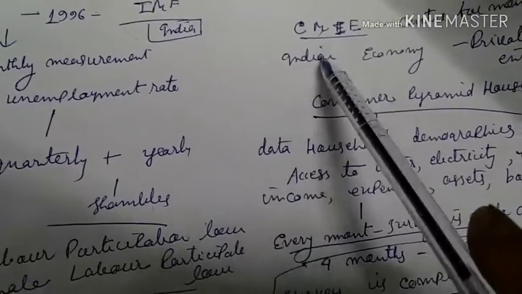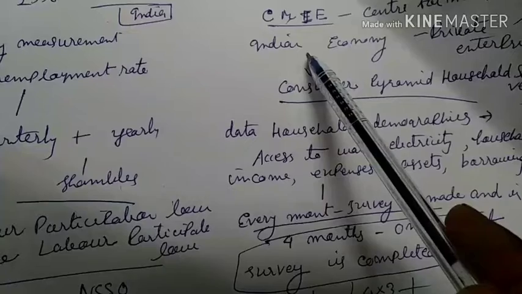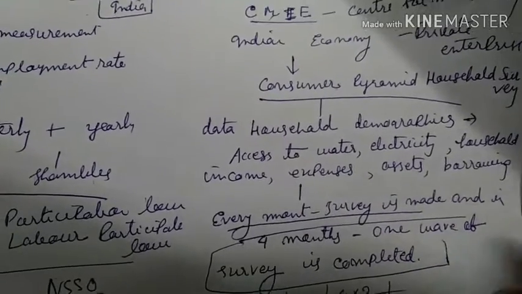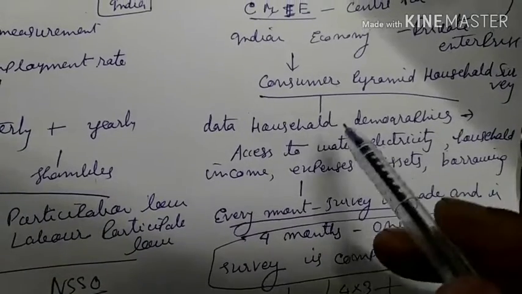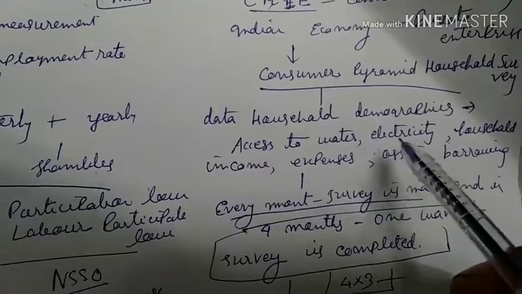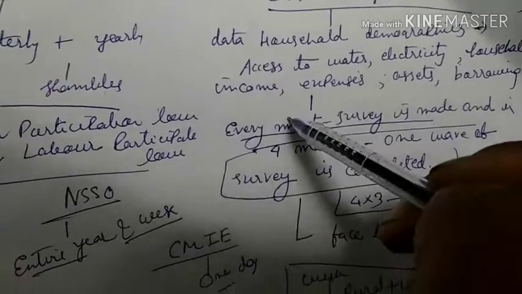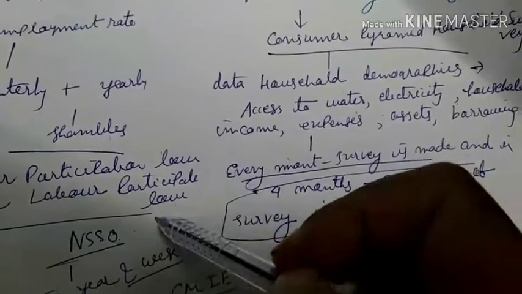So the article mentions the Centre for Monitoring Indian Economy, a private enterprise, is doing a very good job in collecting and surveying unemployment data, efficiently, in a proper way and using proper technology, in comparison to the government organization, the National Sample Survey Organization.